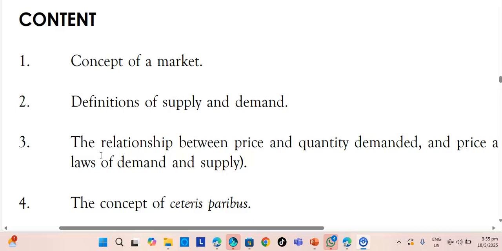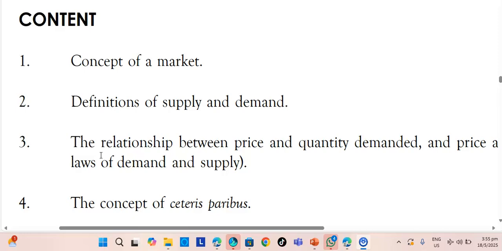So the supply of tomatoes increases as the price rises. In summary, demand comes from buyers, consumers. Supply comes from sellers, producers. The interaction of demand and supply determines the market price and quantity of goods traded.